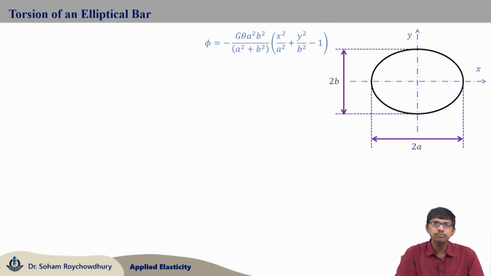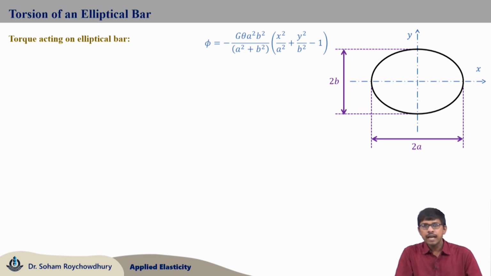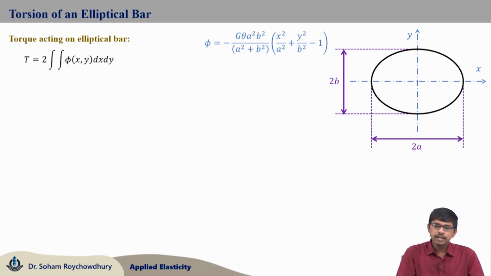Now, moving forward to the torque acting on the elliptical bar, we had derived the equation of torque in terms of the Prandtl stress function as T equals twice the area integral of phi. Phi xy is the Prandtl stress function, which for the present problem of elliptic cross section is obtained like this.